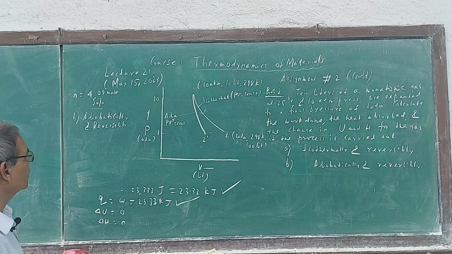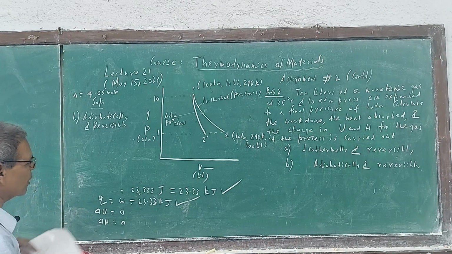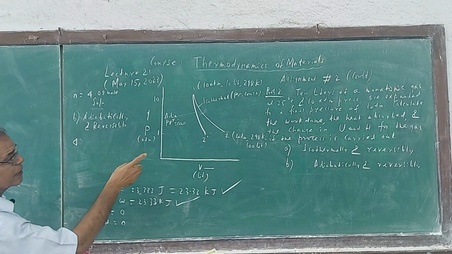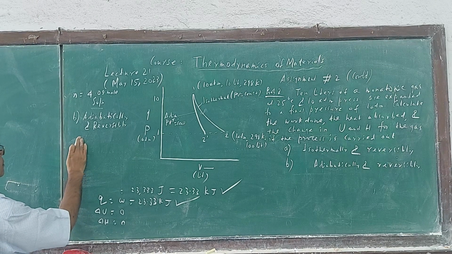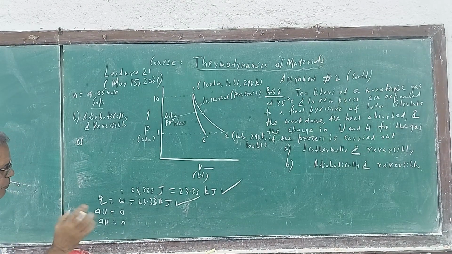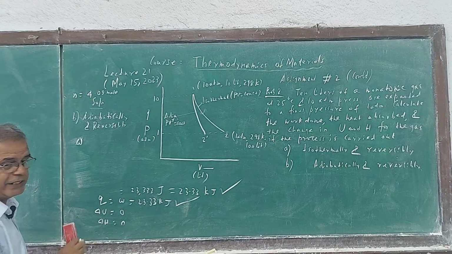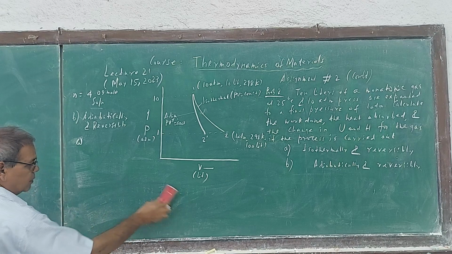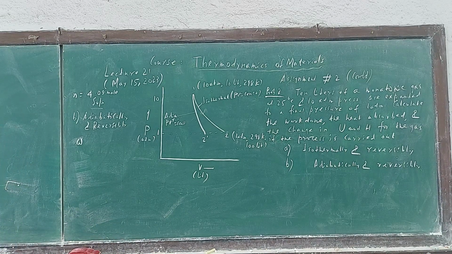Okay, what is this? Suppose you start with a simple-minded approach: delta U. What is the first thing? Work done. Suppose you think you don't need any more data or derived data.